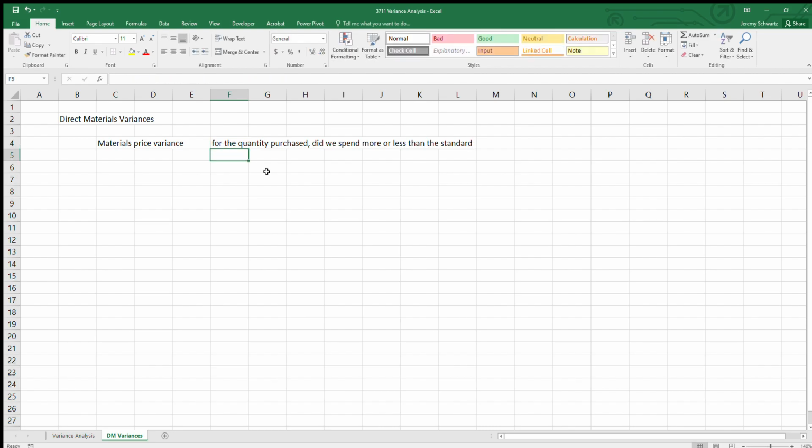And so here we would look at the quantity purchased. We would compare the actual price with the standard price.